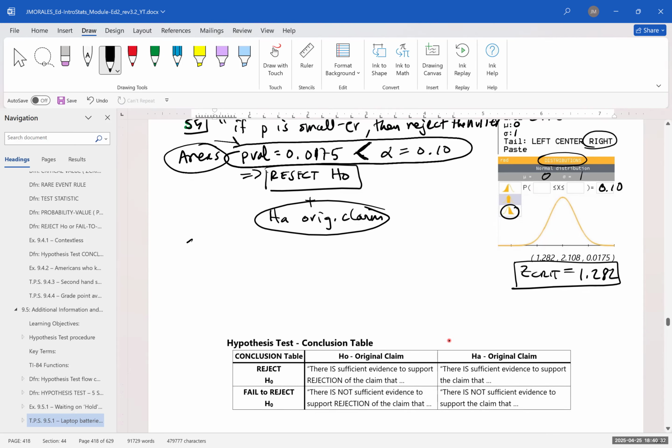So step 6 is, let's see here. We are rejecting the null, and the alternate was our original claim. So that means this outcome in our table is what we're going to write for our conclusion. Step 6 is just to conclude.